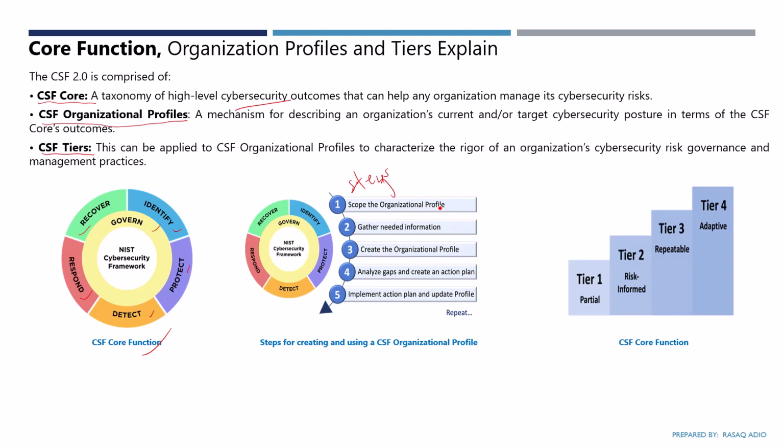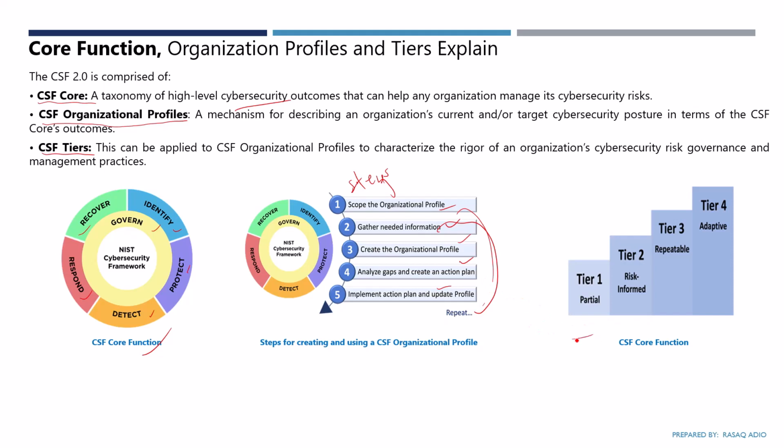So the scope of the organizational profile: gather needed information, create the organizational profile, analyze gaps and create an action plan, right? Then implement action plans and update profile. This is a repetitive process. You repeat it continuously. So you don't just stop, okay, you have implemented and that's all. No, things will change. And when things change, you have to follow this process again in order to get back to the current state that your organization should be in, right?